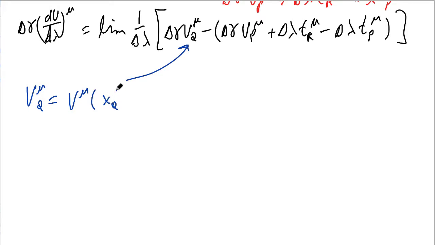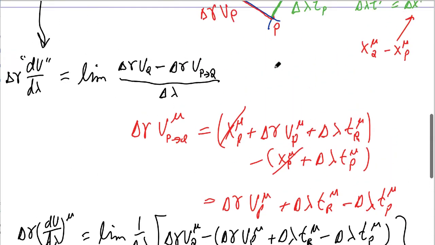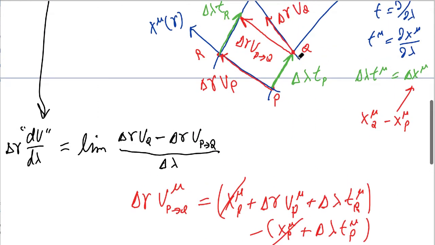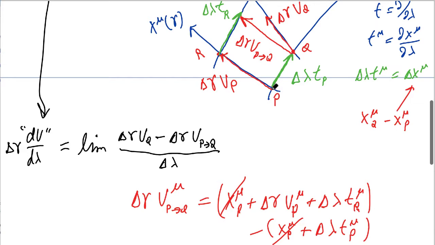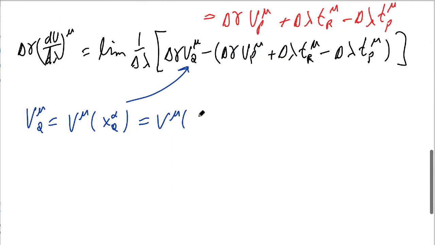Let me go ahead and give it an index, say alpha. If we remind ourselves of what the point Q is, in our diagram, it's this point right here. It's displaced from the point P by the components of delta lambda times t. So this is x at point P plus delta lambda times t at point P.